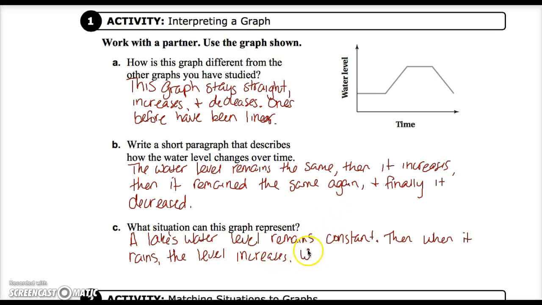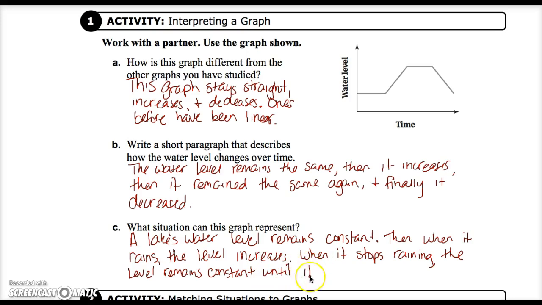When it stops raining, the level or the water level remains constant until it decreases back to where it was.